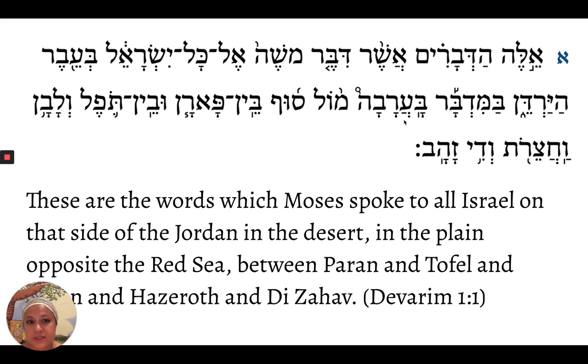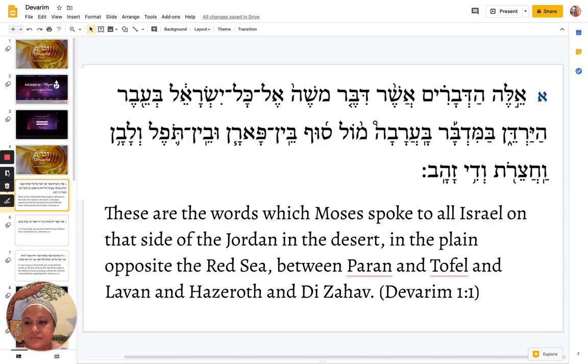Arava can mean towards the Arab. And the word Arab or Arav or Arava, it means a desert plain, actually. Okay. And of course, you know, the Arab lands are desert plains.